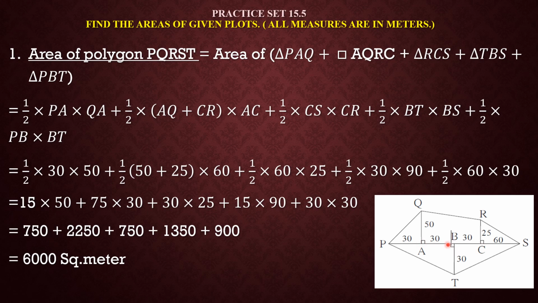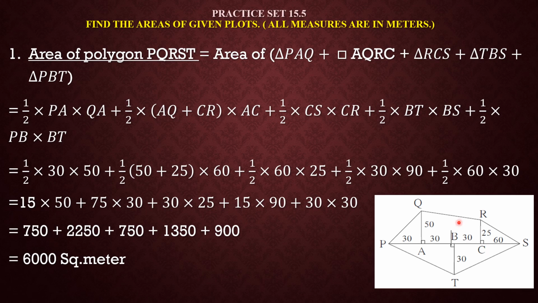So we can add AB plus BC and we get length AC. So length AC is equal to 30 plus 30, that is equal to 60.